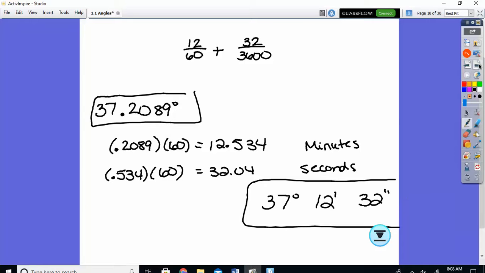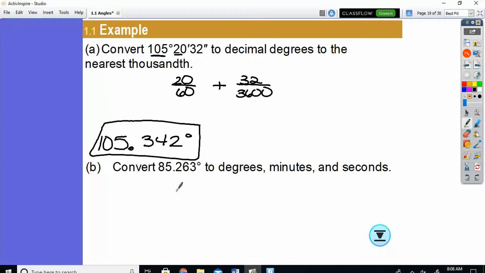We look at this example. The degrees won't change. It's still 85 degrees. To get our minutes, we take the decimal times 60. So that's 15.78 minutes.